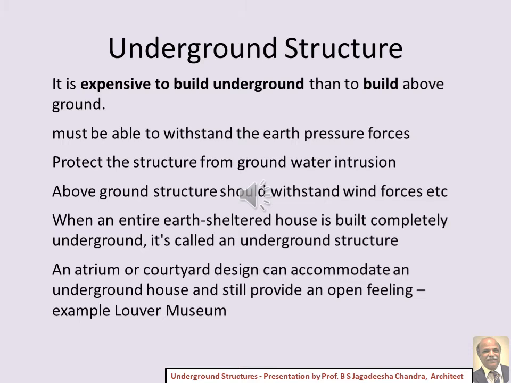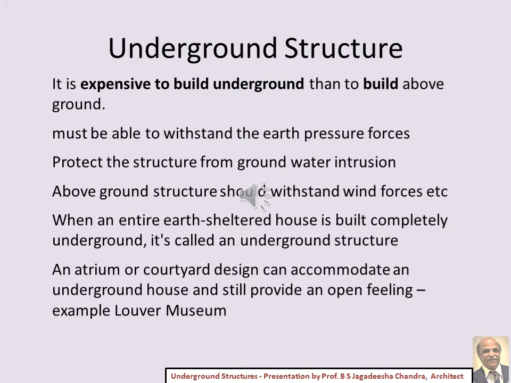When an entire earth-sheltered house is built completely underground, it is called an underground structure. Similarly, if you have an atrium or courtyard sufficiently big in size, you can make use of the underground space below it, but the courtyard remains intact. It looks like an open space only, but below the courtyard there may be an underground structure.